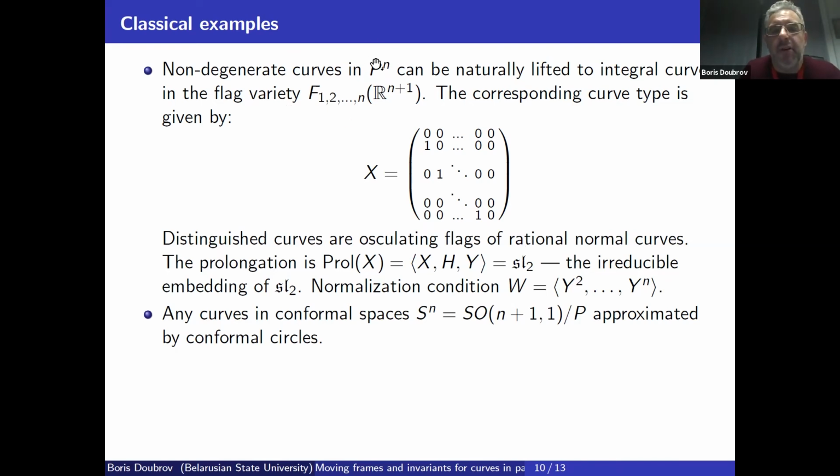But if you think about the curve in Pn, then we need to have how many derivatives? Probably n-1 derivatives before we lift it here. So in terms of curves in Pn, these will be invariants of degree n plus 3 through to n plus 1, something like that.